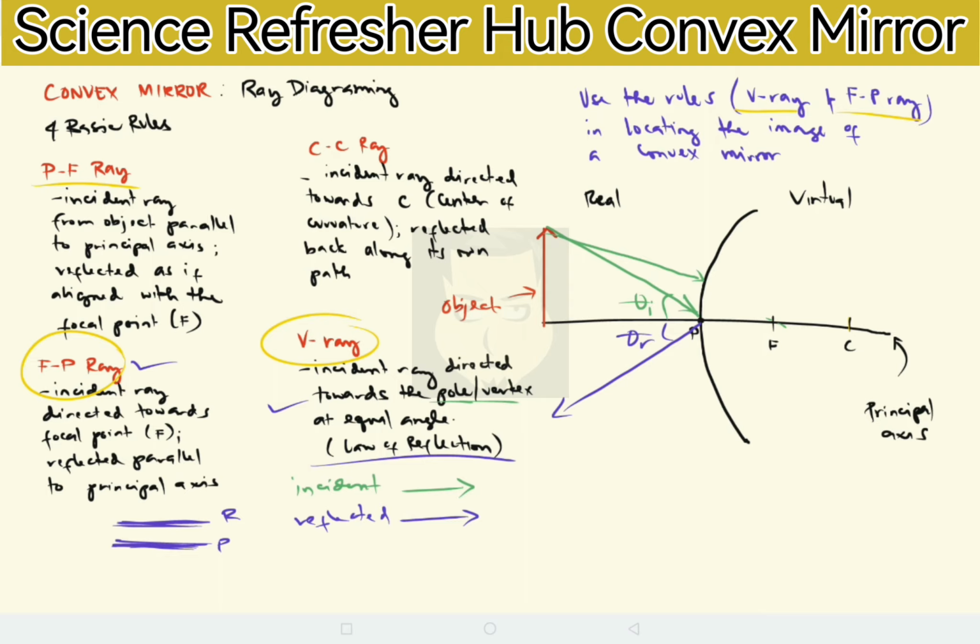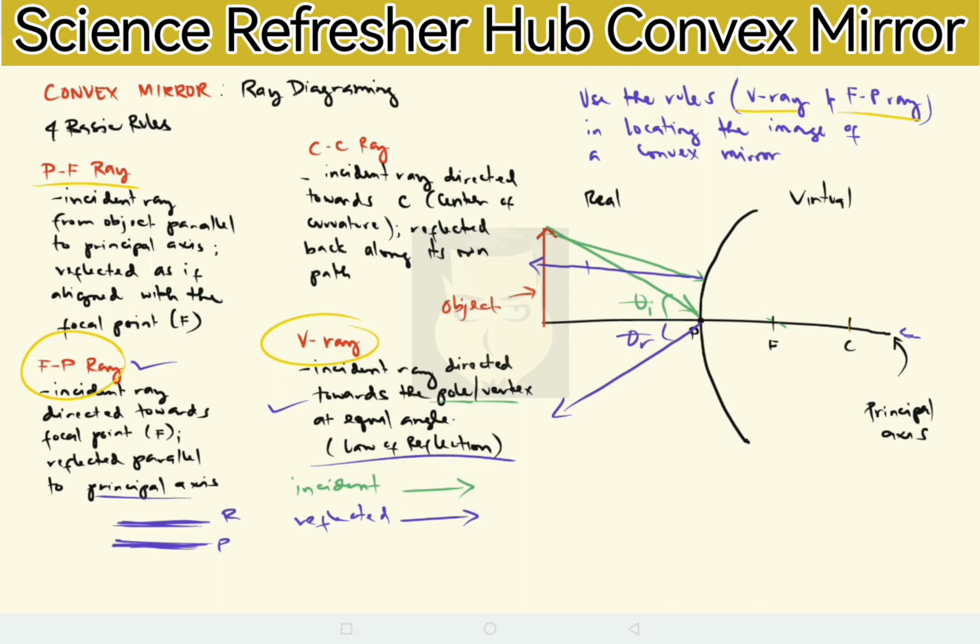And then what's next? The reflection will be parallel to our principal axis. This is going to be our principal axis here. Remember this line. So our reflected ray will be parallel to it. Look at how I will do it. Just like that. They are parallel.